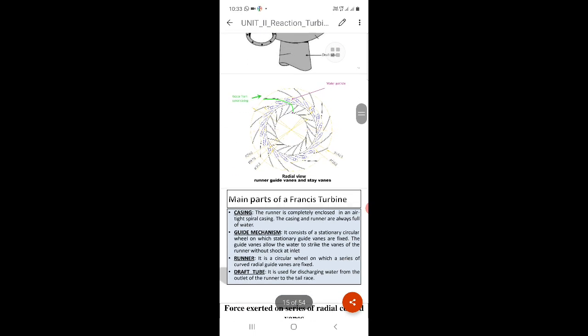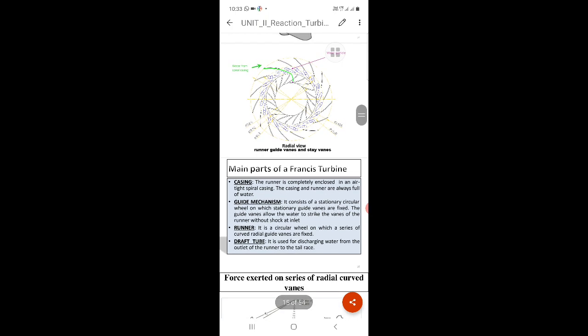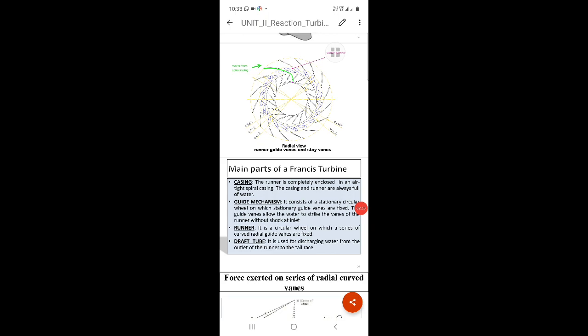So the main parts: first is the casing. The runner is completely enclosed in an airtight spiral casing. The casing and the runner are always full of water. Next is the guide mechanism. It consists of a stationary circular wheel on which guide vanes are fixed. The guide vanes allow water to strike the vane without shock at inlet, so it improves the efficiency of the turbine.